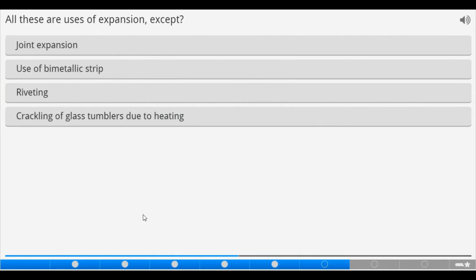So all these are useful expansion, except joint expansion. Yes, when dealing with a railway or a bridge that is constructed on the road. Use of bimetallic strip, such as we have in pressing irons and fire alarms. We also have riveting, the type that we have on railway tracks too.